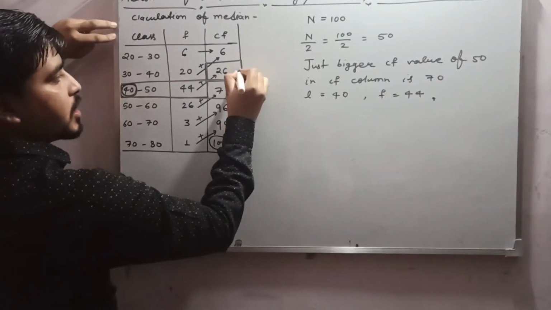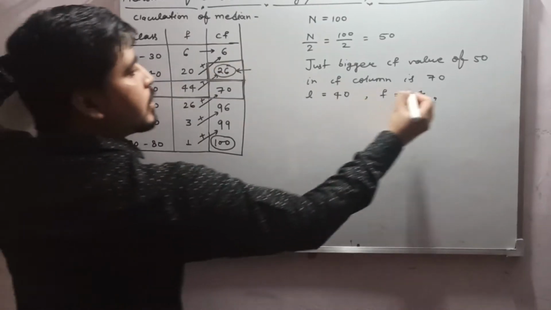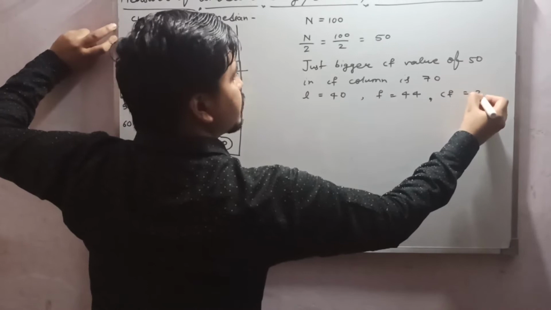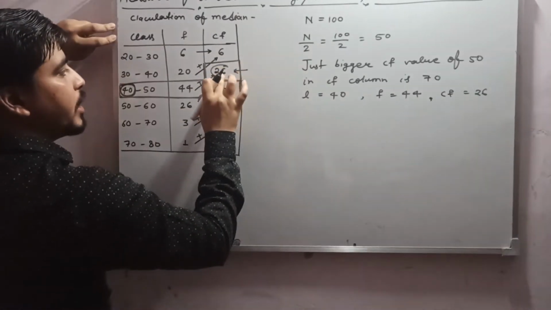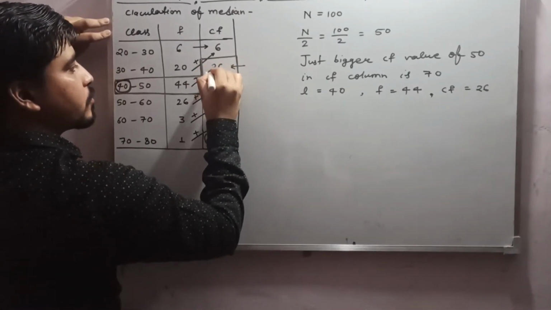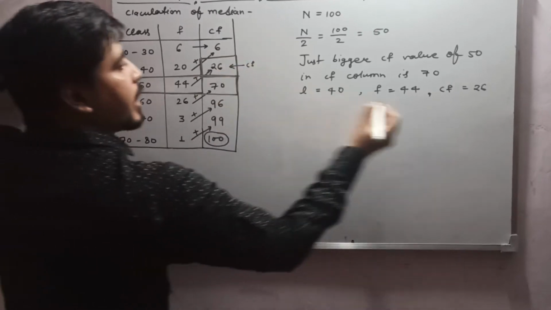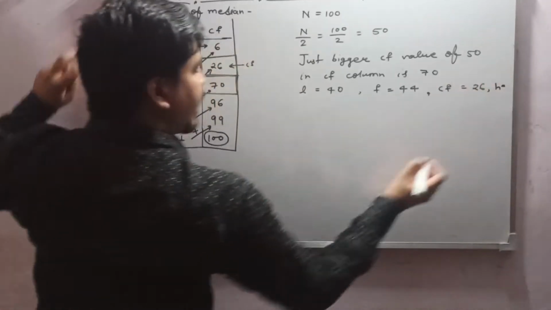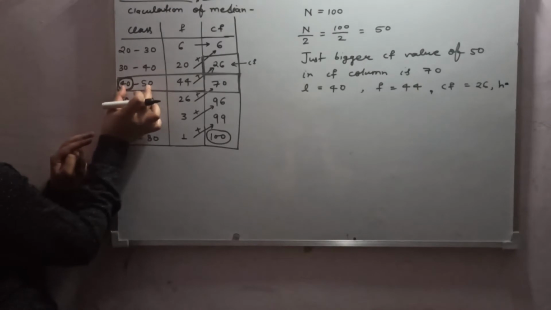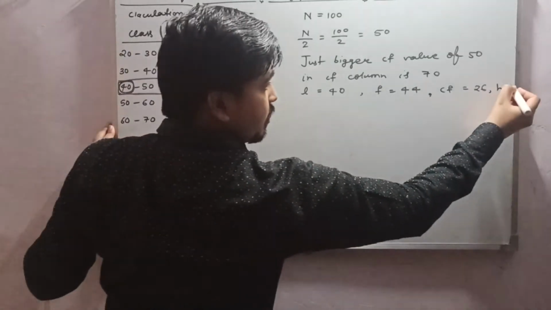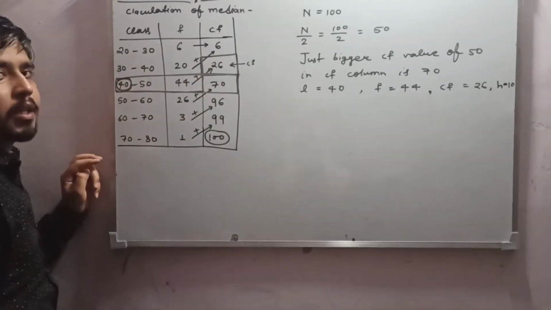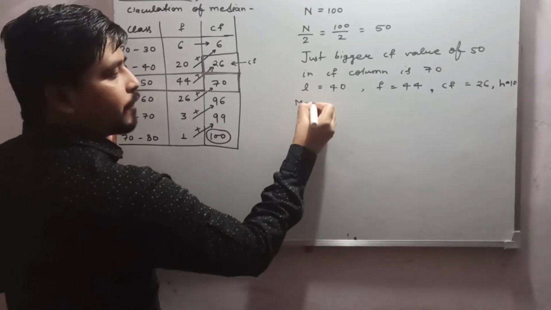Then CF, the just above value, is 26. Now the last one is h. h is our class interval. The class interval 40 to 50 is 10. So h is 10.